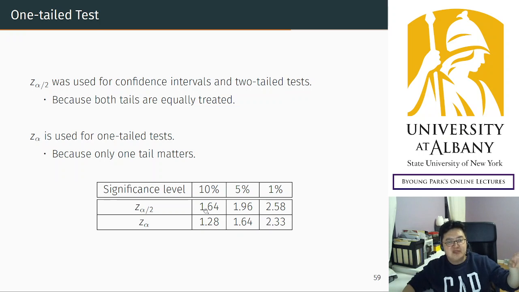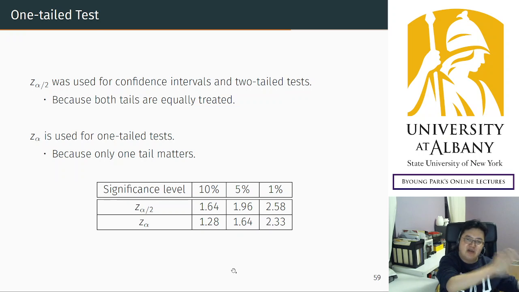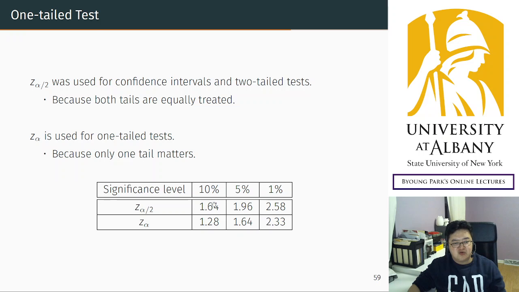So 1.64 actually represented the top 5% or bottom 5%. But now this number is used for 5% because exactly that's what we need: 5% only on one side, top 5% or bottom 5%. So you can find the relationship, but in general they are not related to each other. Those six numbers are really commonly used in many examples and exercises in practice, so you may see them quite often.